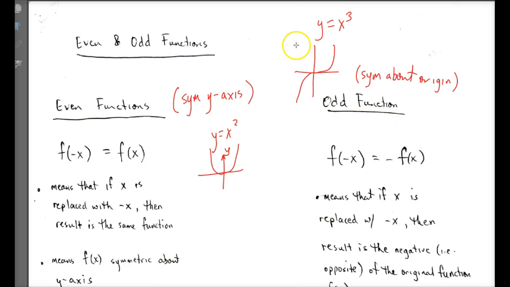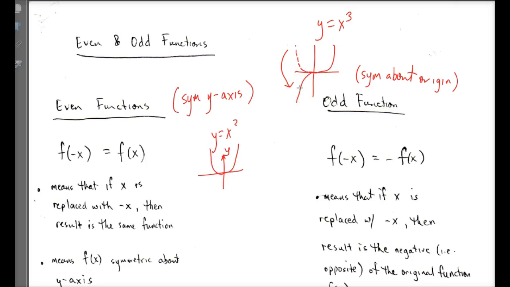So if I was doing a reflection about the y-axis, this graph would look something like this on the left side. And then when I do a symmetry about the x-axis, I just take what I have up here and flip it about this axis, and this is how I get this piece right here.